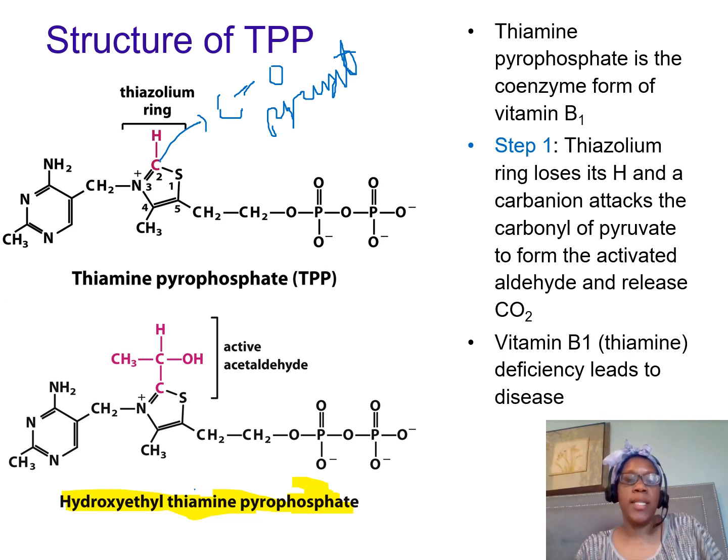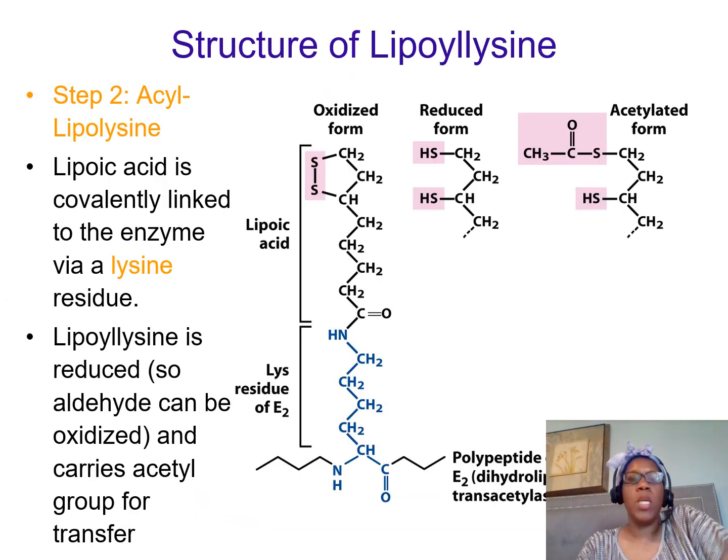So we created this hydroxyethyl TPP in the very first step, the very first sequence of events of trying to get from pyruvate to acetyl-CoA. In step 1, we had hydroxyethyl TPP, a decarboxylated form of pyruvate, stuck to TPP in the E1 enzyme.